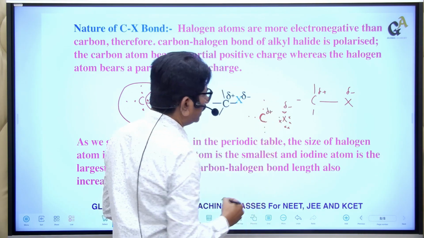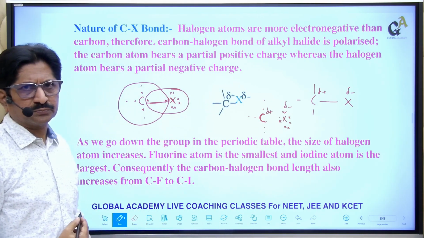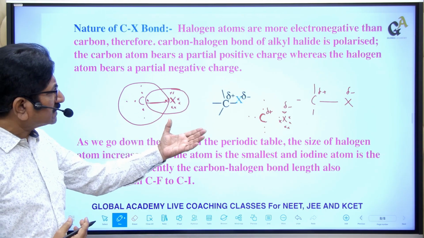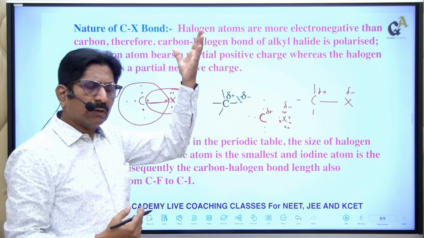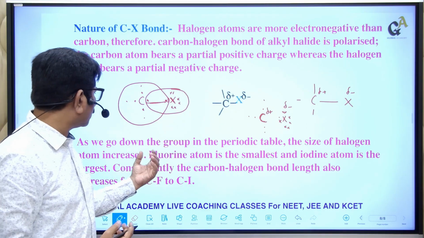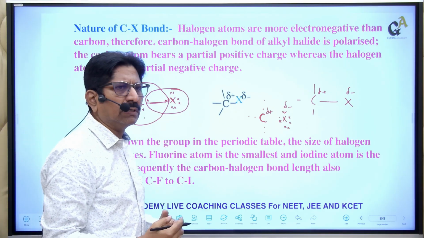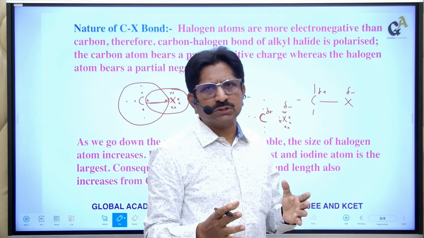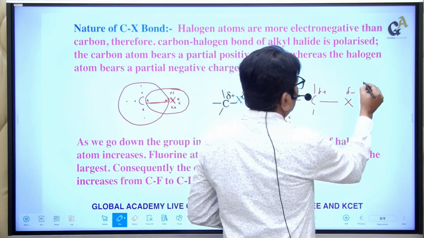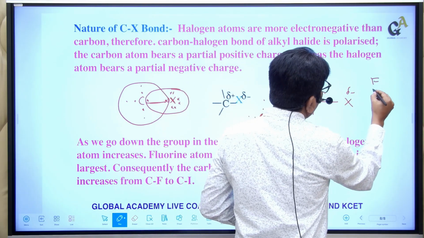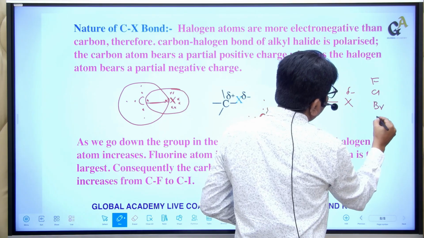Now as you go down the periodic table, what happens to the halogens? There are fluorine, chlorine, bromine, and iodine.